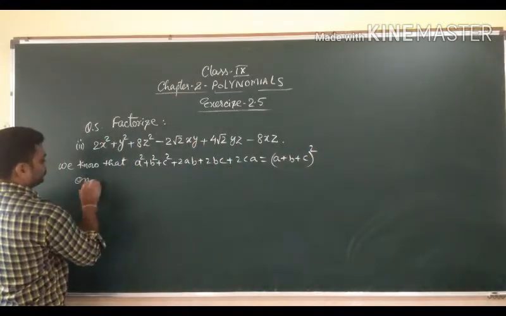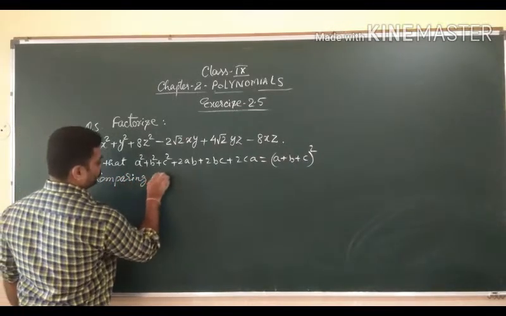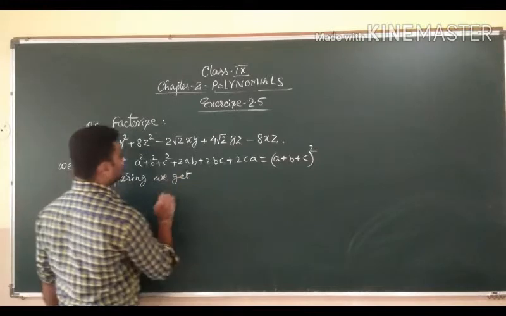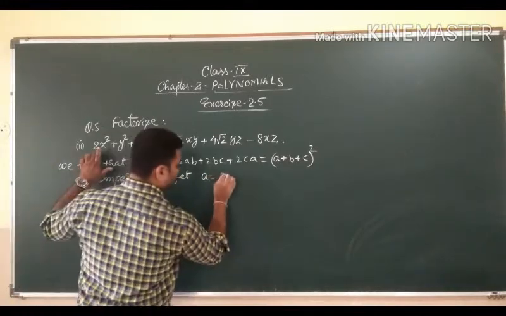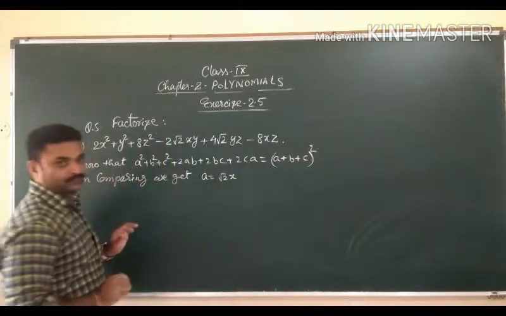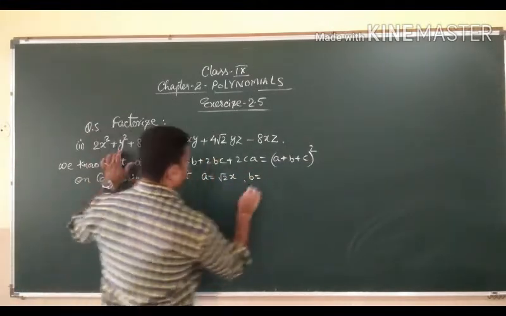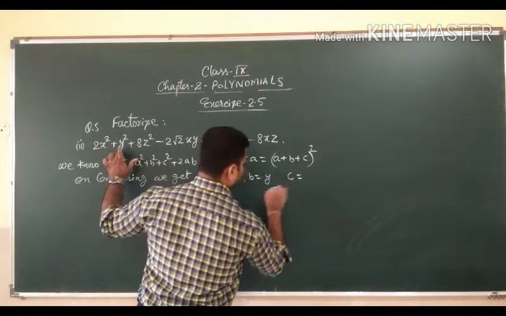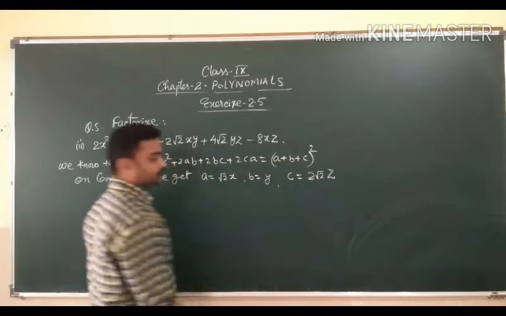On comparing, we get a is equal to root 2 x. Clear? b is equal to y and c is equal to 2 root 2 z.